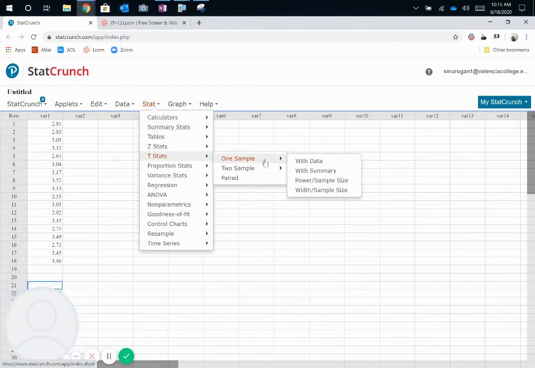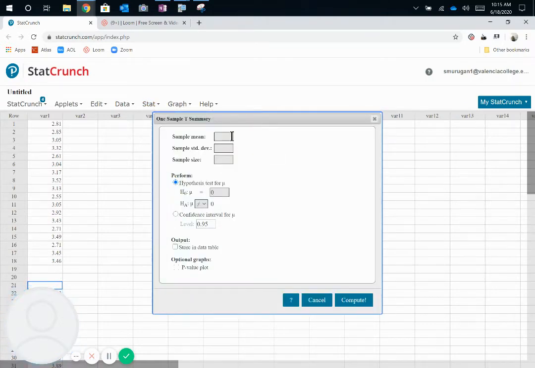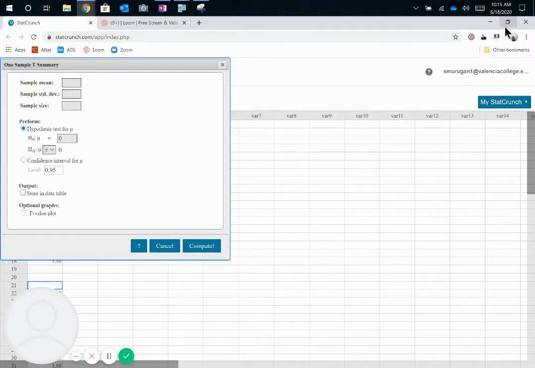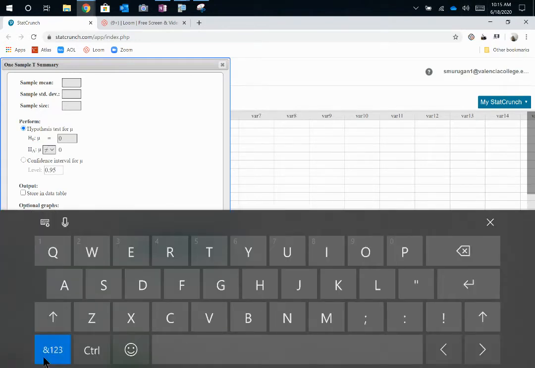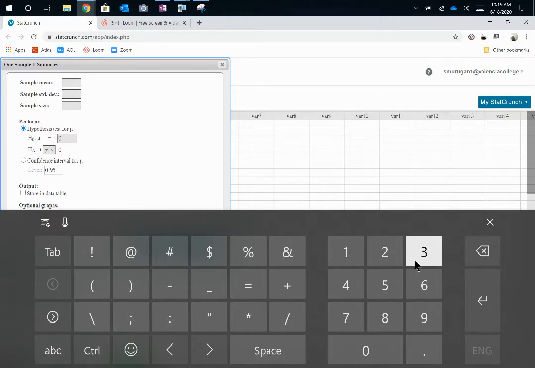So, T stat, one sample with summary. The sample mean, let's type in our sample mean is 38.6. Standard deviation is 3.